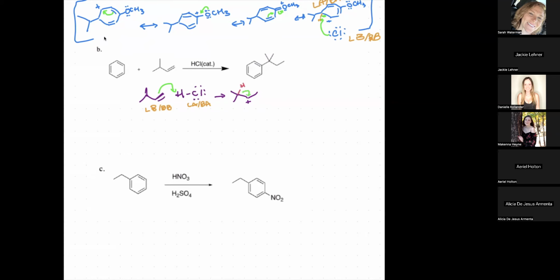We're going to have a hydride shift, right? Because the carbocation is more stable at a tertiary carbon. That's why we see this hydride shift, which you wouldn't draw in, but I'm just showing it to you, right? So there's our electrophile.